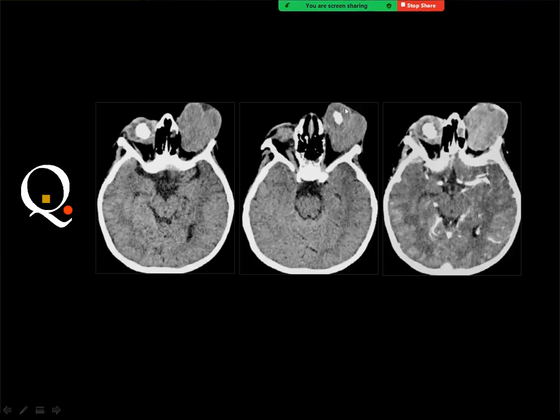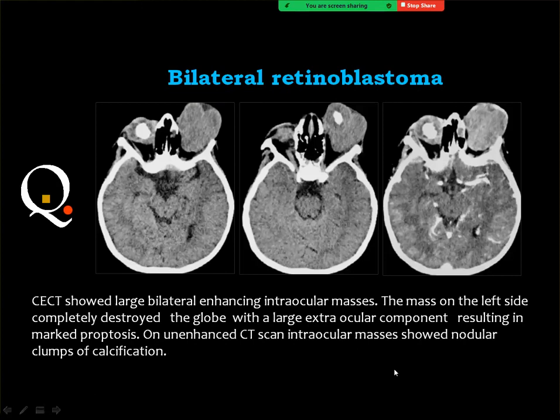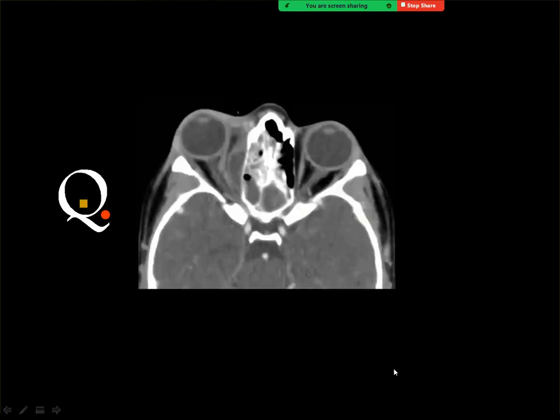The tumor on the left side is very big and has extended outside the confinement of the globe, and it contains dense calcification, as you can see. The right side tumor is represented by a dense mass of calcification inside the orbit and some soft tissue component. The answer is bilateral retinoblastoma.